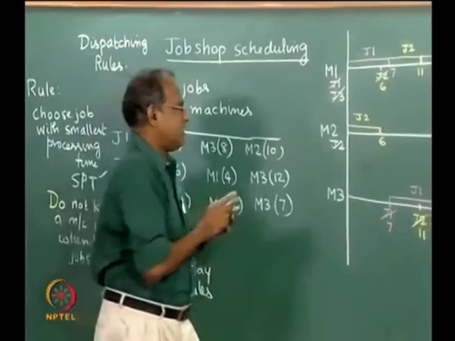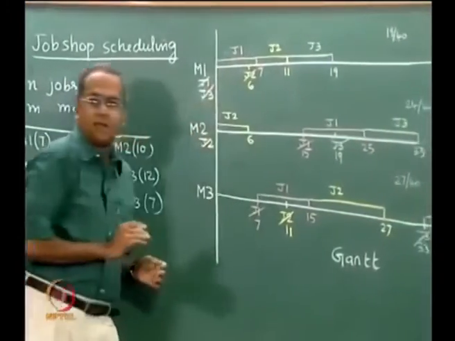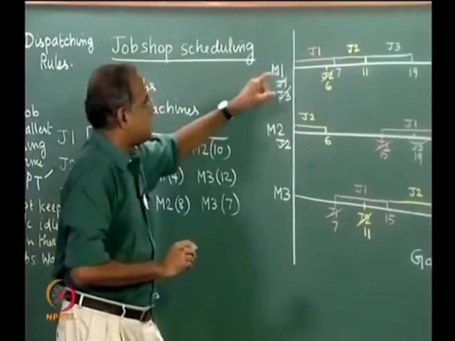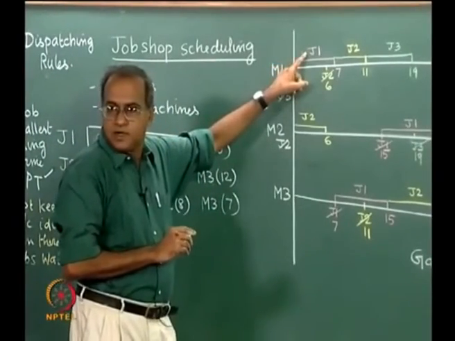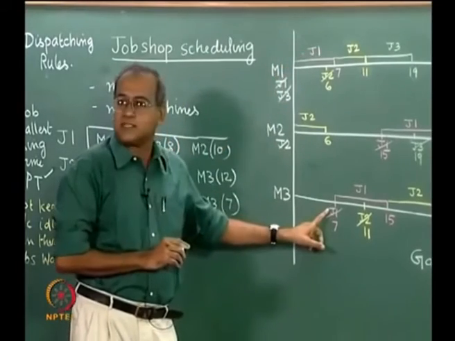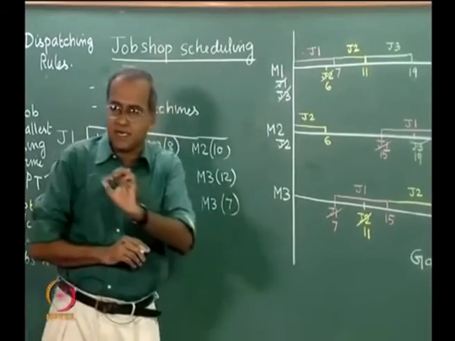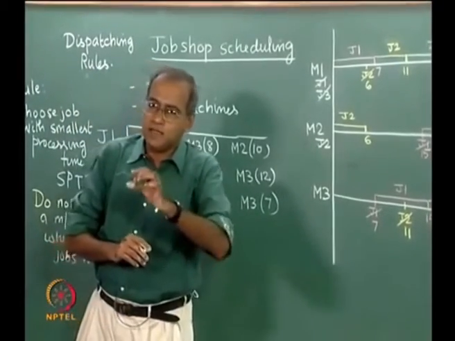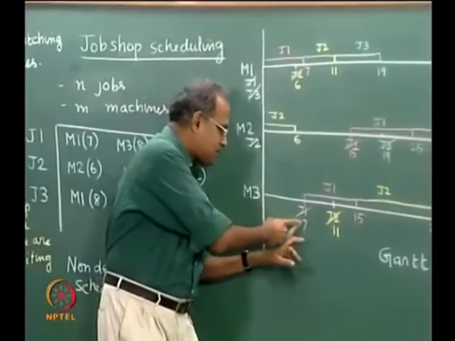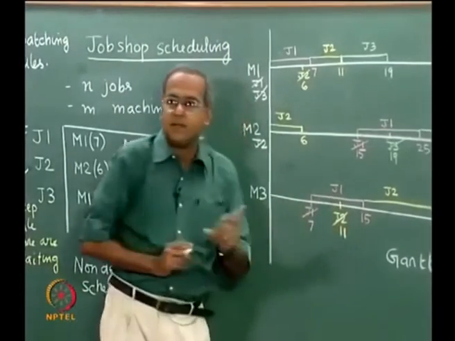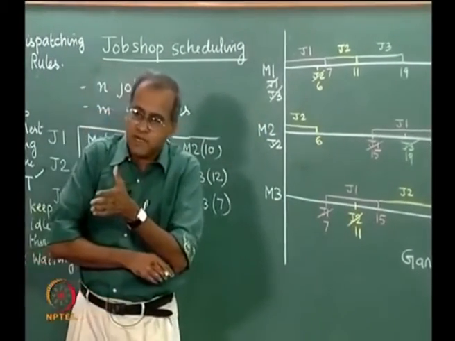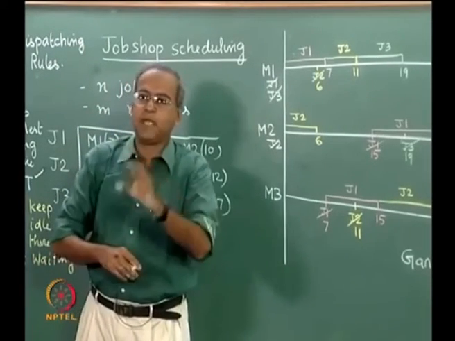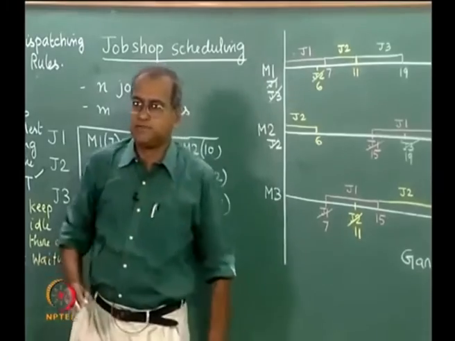In practice, there could be situations where there can be slight delays. For example, J1 that requires 7 units of time may not actually reach M3 at 7. It may reach M3 at 8 or a little later than 7 and so on. But then the operator will not be very specifically bound by these numbers, but will be bound by the rule using which he or she can pick a job and put it on the machine.